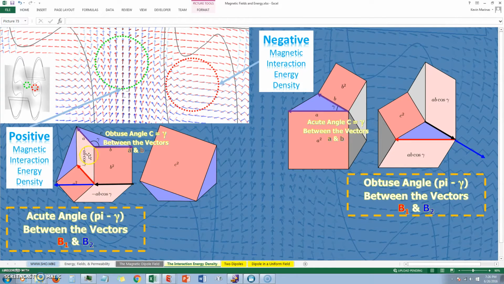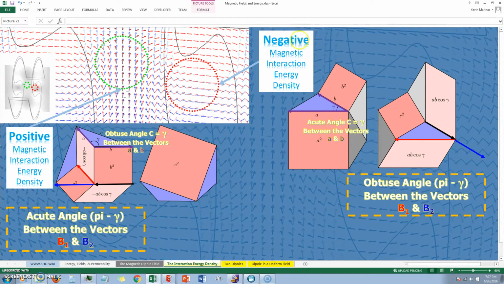So you'd have to add this and this, 2 of these, and a squared and b squared together to get the area of c squared. So these areas essentially represent the magnetic interaction energy density that basically makes the whole greater than the sum of the parts. So a squared and b squared are the parts, but the whole is c squared.